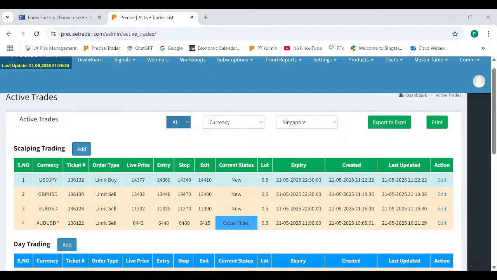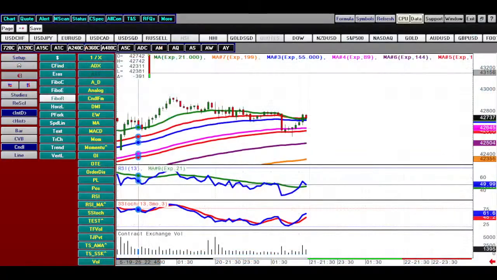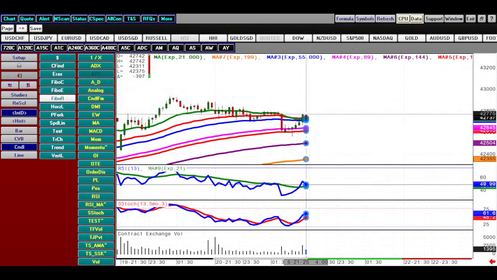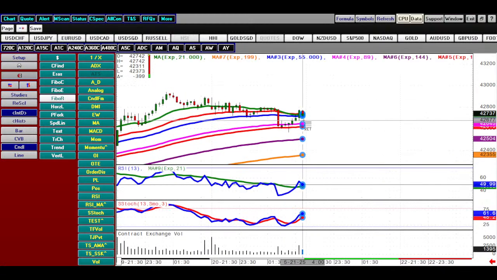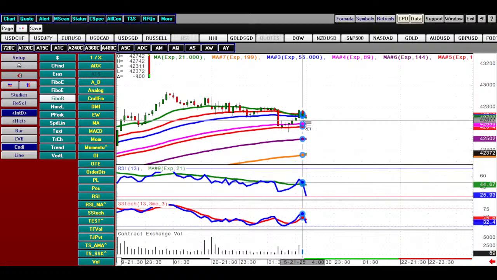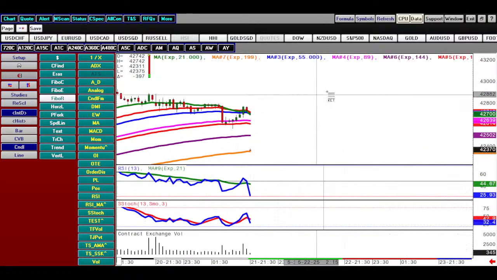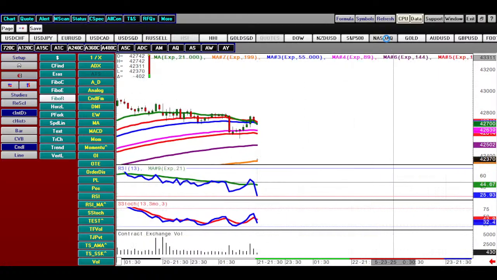This is not showing the actual location, because right now it is showing the price trading at 42,385. Okay, let me share the chart. It's trading at 42,385, and I think there is no update we are seeing on this. It's another headache. Okay, let's see Nasdaq.